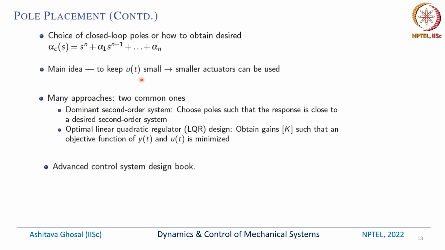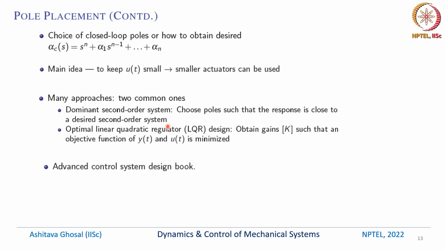There are many approaches to choosing this desired closed loop polynomial. The two most common ones are, first, we can decide on what is called a dominant second order system. So we choose two poles near the imaginary axis in the s plane, such that the response is close to a desired second order system.